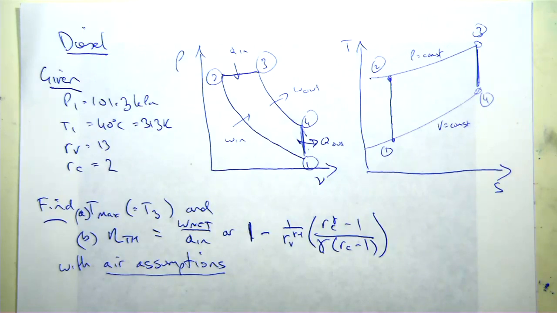The other thing that the cold air assumption said was constant specific heats. Cold air assumption and constant specific heat enable you to use the Cp delta T and the Cv delta T. Air assumptions is what we were doing on Wednesday with those tables and the variable specific heats, the ideal air tables with the variable specific heats.